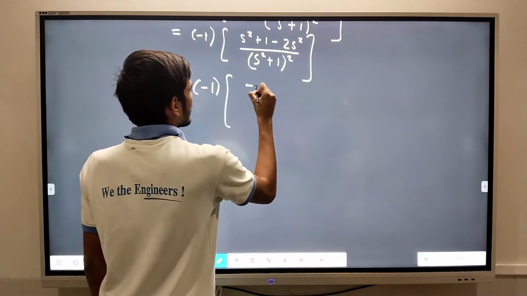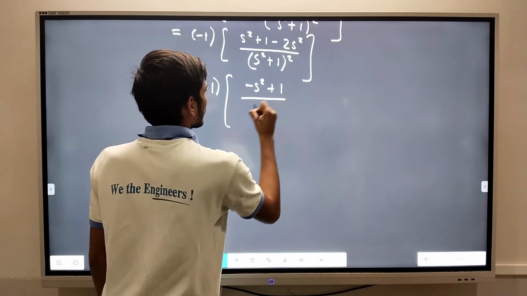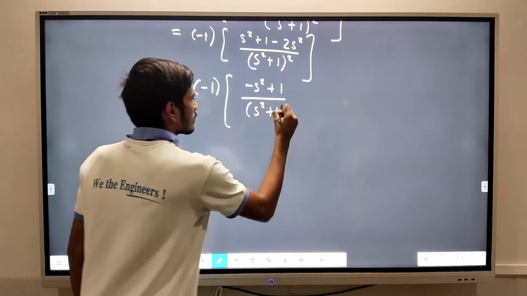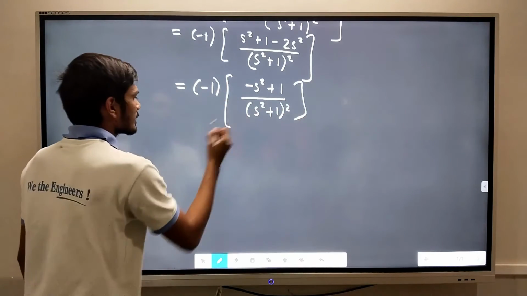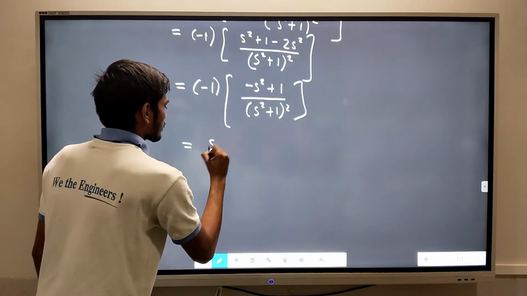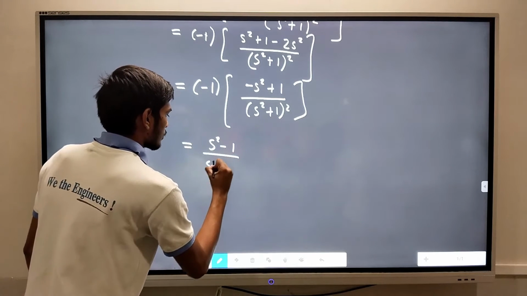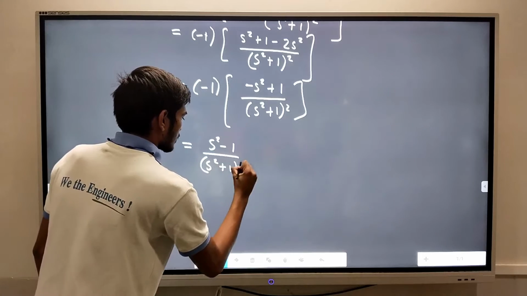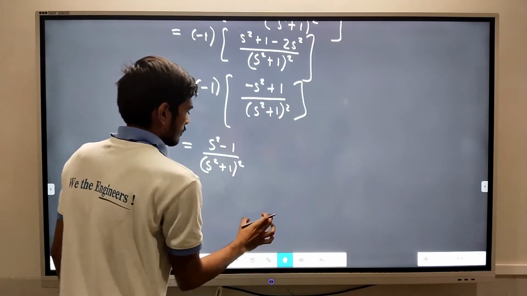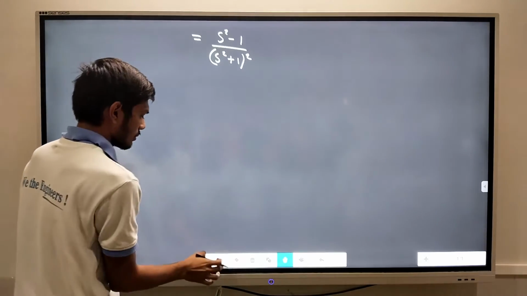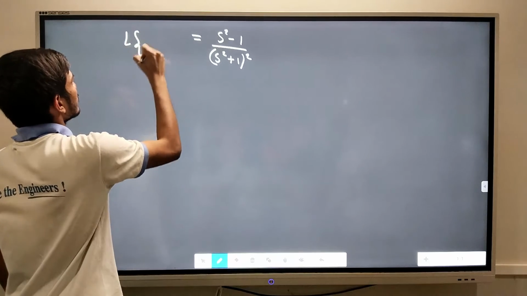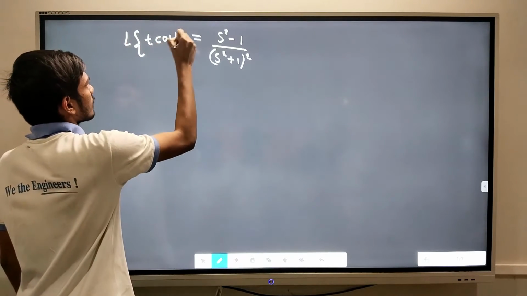It will be minus s square plus 1 upon s square plus 1 bracket square. So the minus sign will be multiplied inside. It will be s square minus 1 upon s square plus 1 bracket square. So we got the Laplace transform of t cos t.